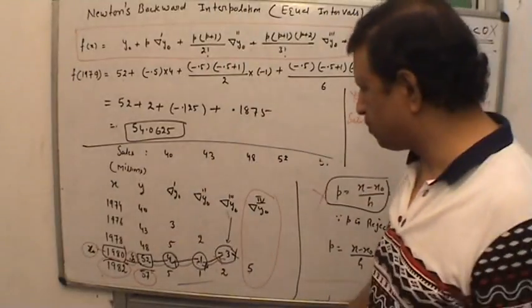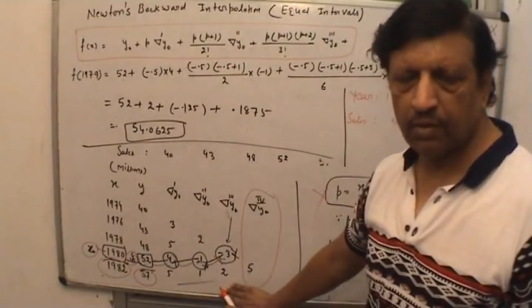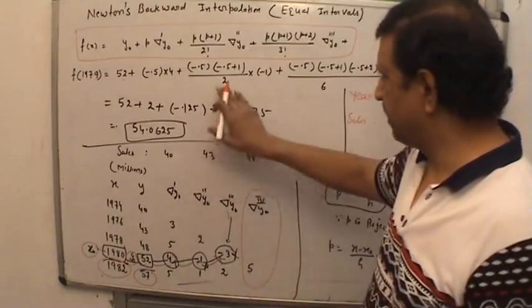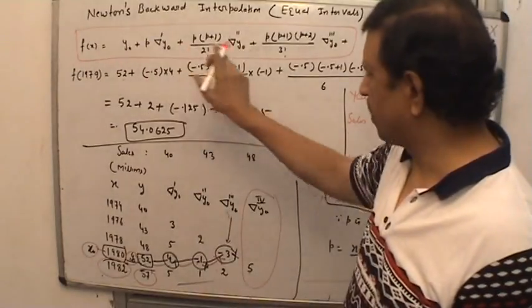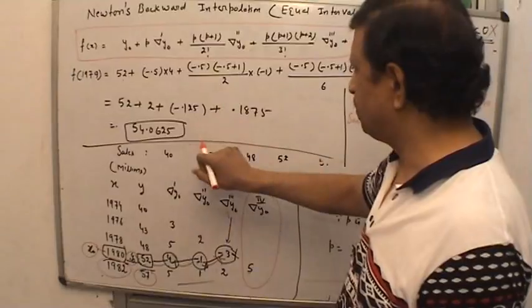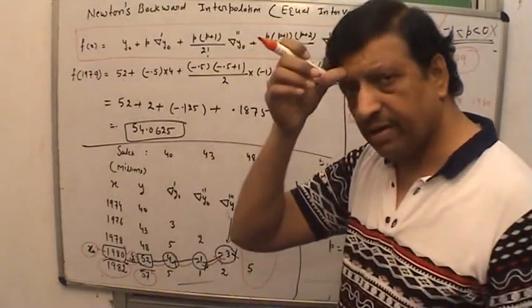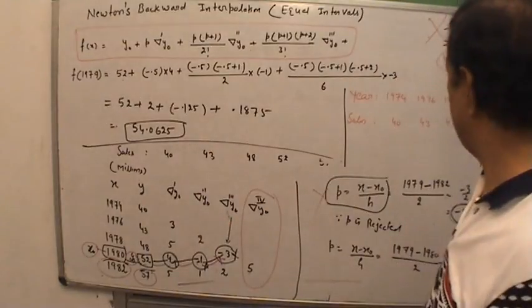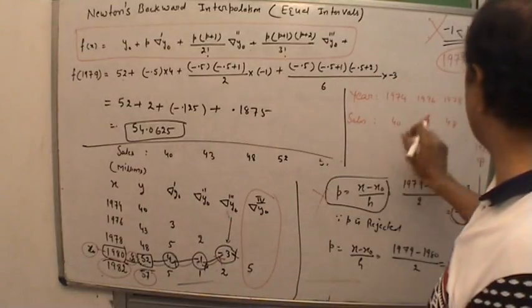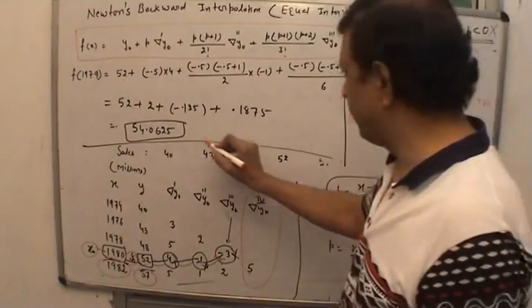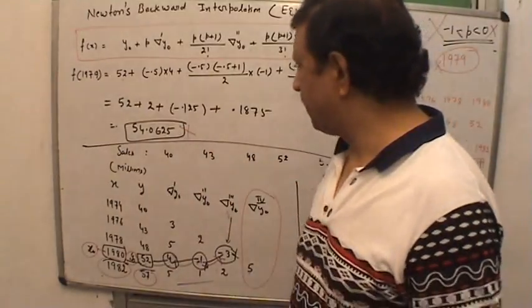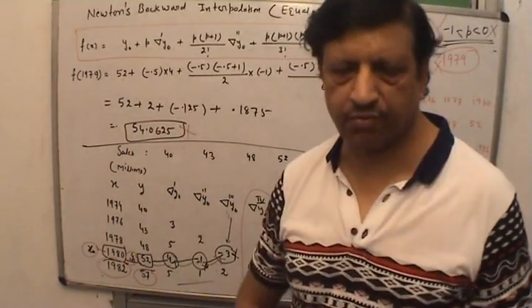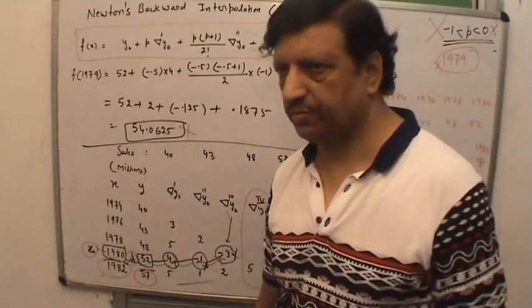It reduces the load of the calculations in the given formula. We write the formula, then put all the values, and it is simple arithmetic. We can find the point of interpolation. It means the sales for this firm in 1979 was approximately 54.0625 millions.